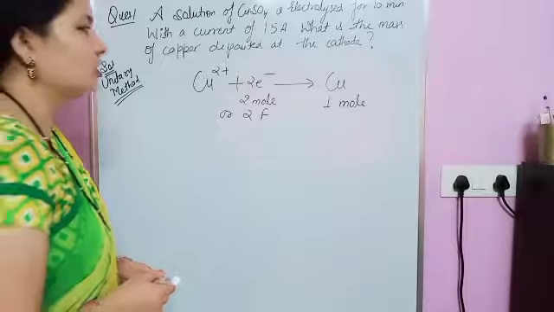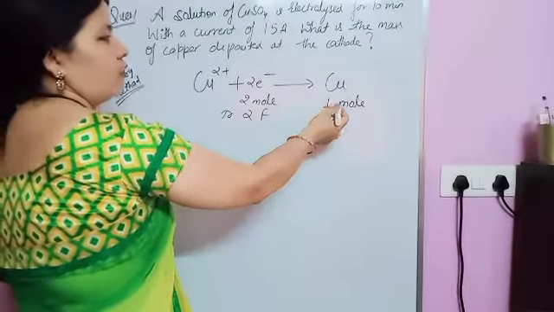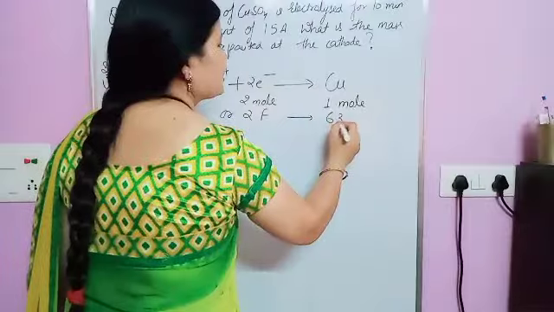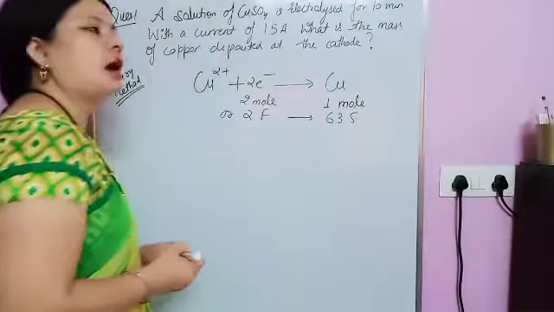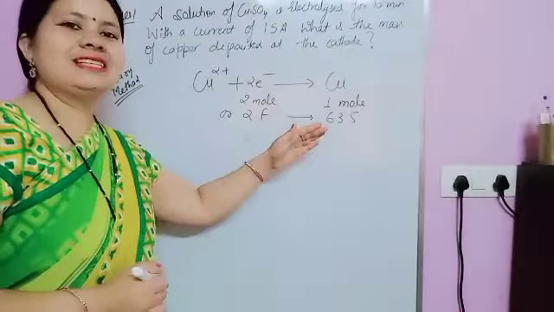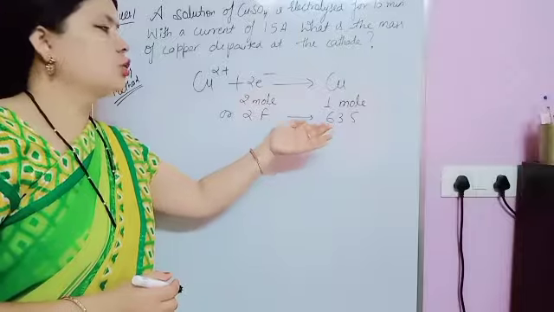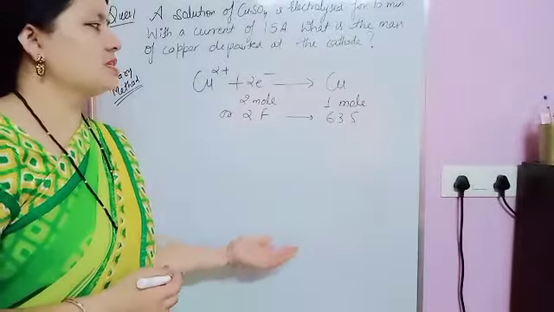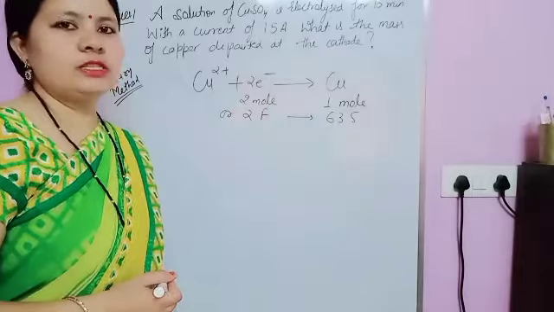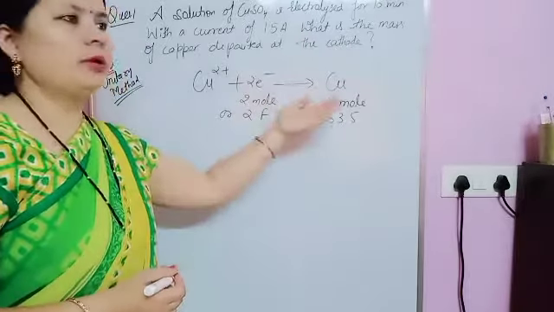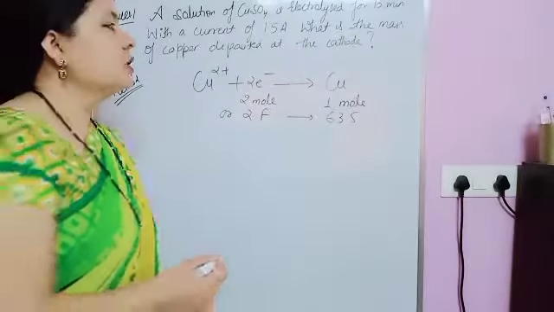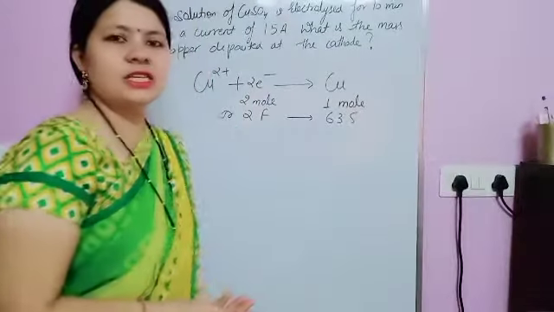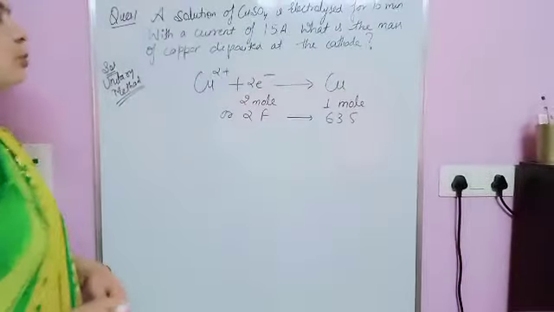That is 63. So if 2 moles are required for the formation of 1 mole of copper, what about 2F? The formation of 63.5 gram, because 1 mole is equal to 6.022 into 10 to the power 23, is equal to molar mass. And molar mass is equal to the atomic mass, sorry, the gram atomic mass. Whatever its atomic mass, the value is the same, so that is 63.5.